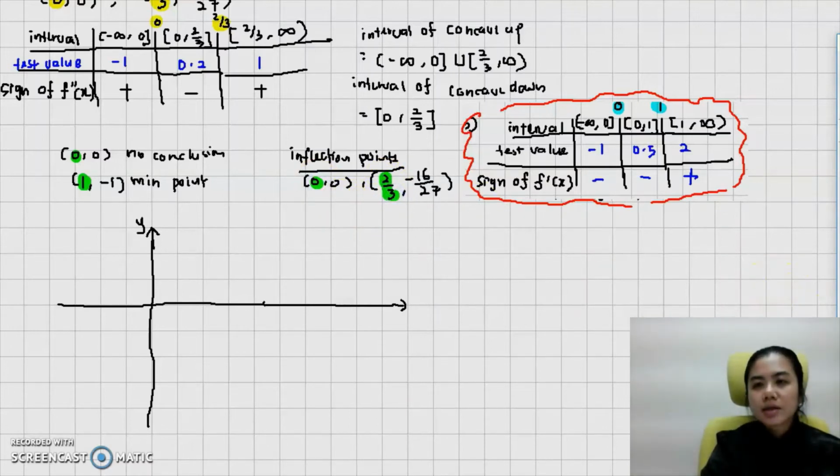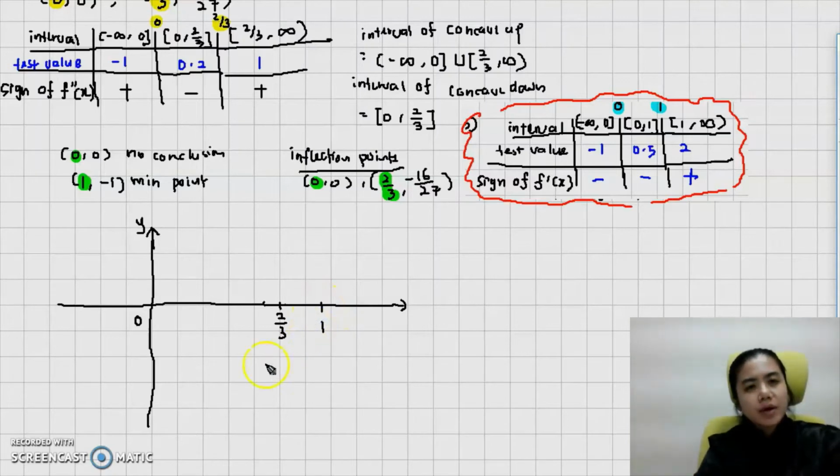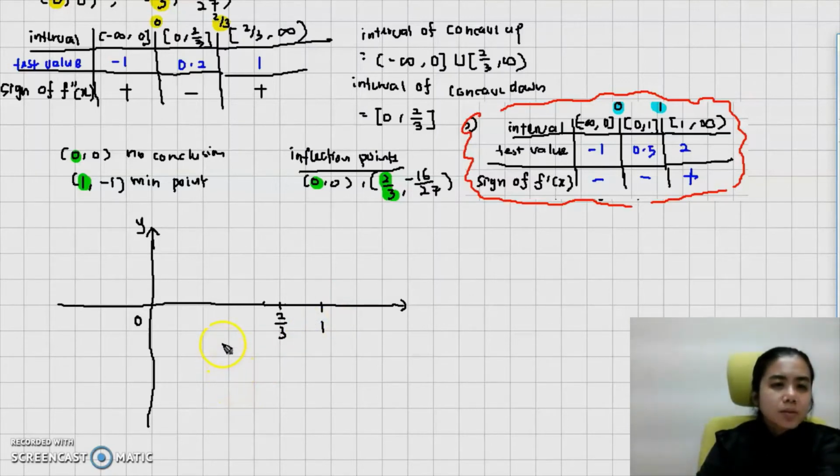Basically here we have 0. The next should be 2 over 3, right? We have to follow the number line. I'm just drawing roughly. So it's somewhere here, 2 over 3, and we have 1 here. Now let's look at the points that we have.